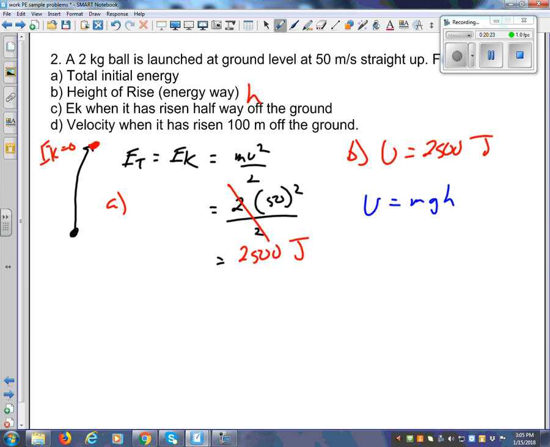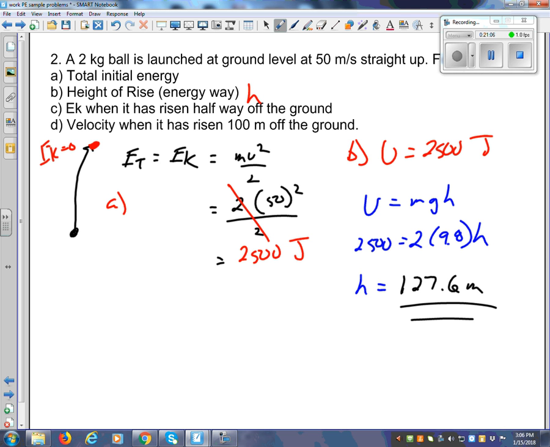So U equals mgh, 2,500. Mass is 2, 9.8. We're going to solve for H. I dropped my calculator. 127.6 meters. 2,500 divided by 2 divided by 9.8.